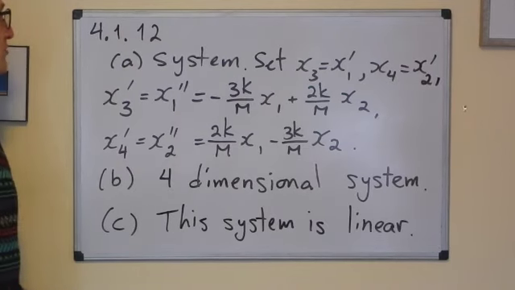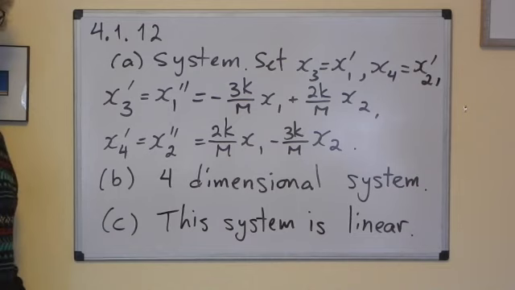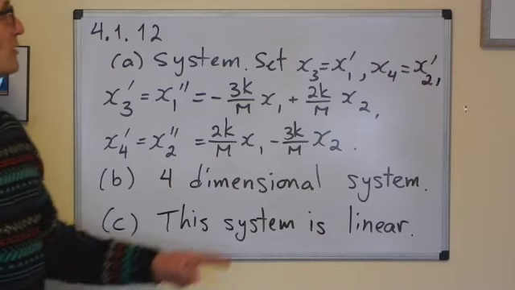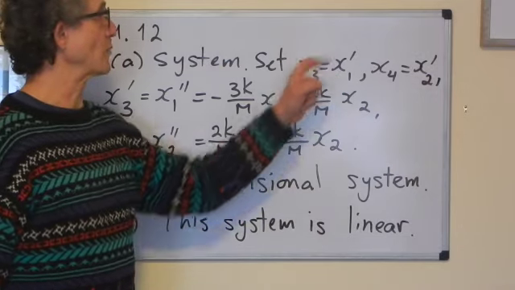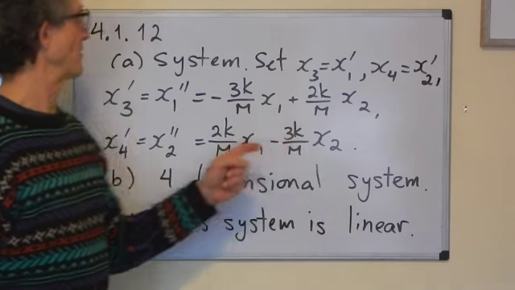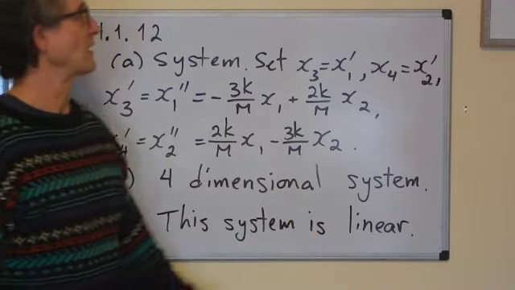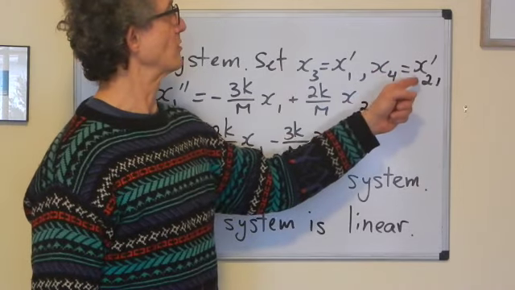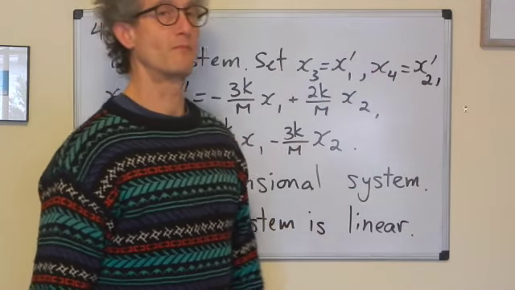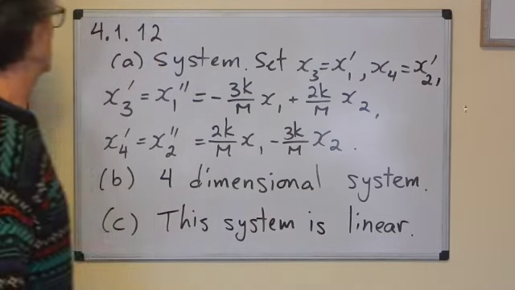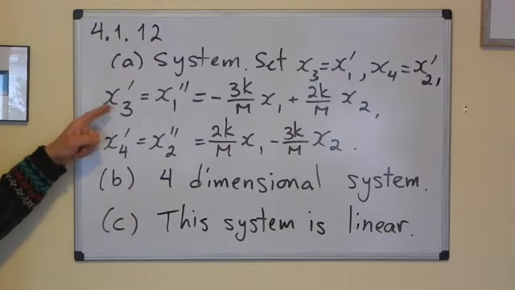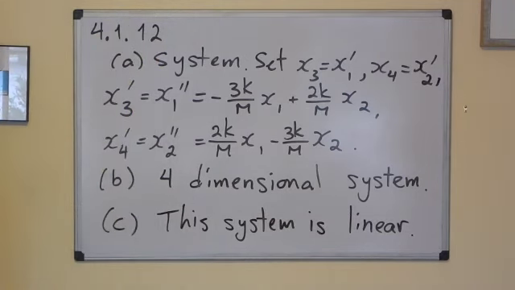To convert these equations that we had for the springs into a system of first order equations, we set x3 equal to x1 prime, so that the second derivative of x1 will be the first derivative of x3. We set x4 equal to x2 prime, and then the first derivative of x3 is the second derivative of x1.